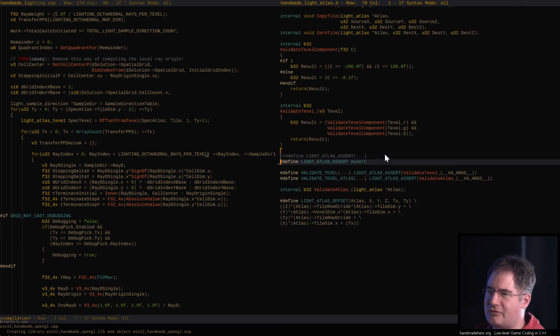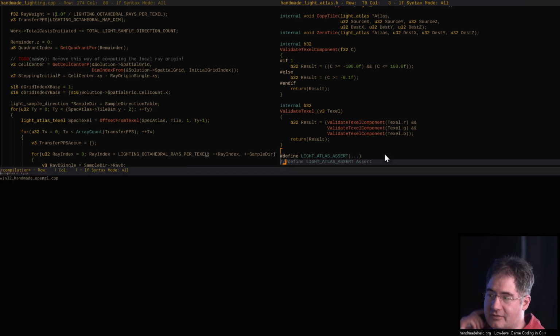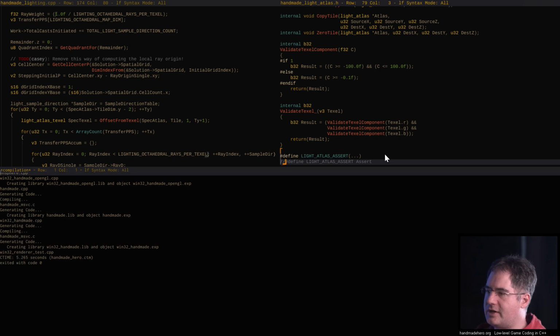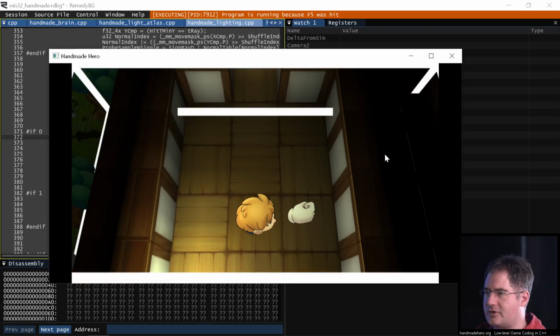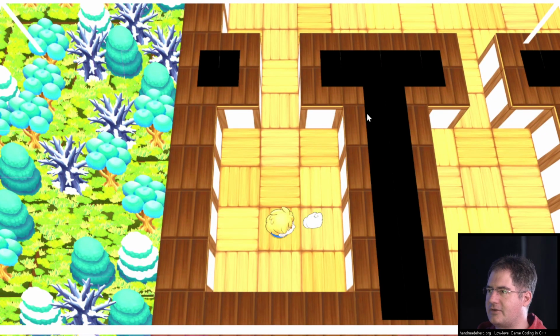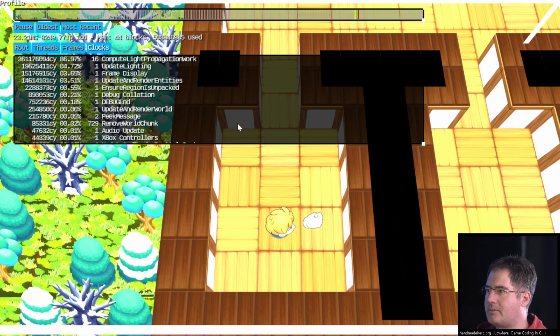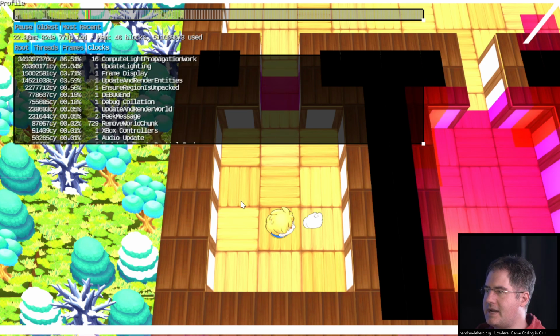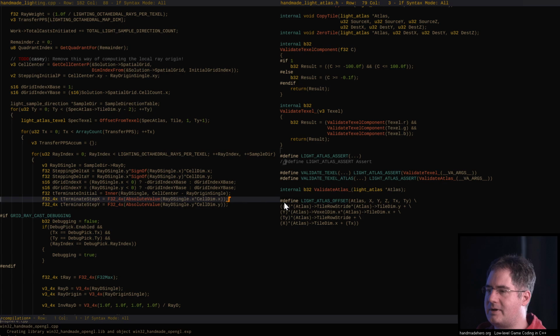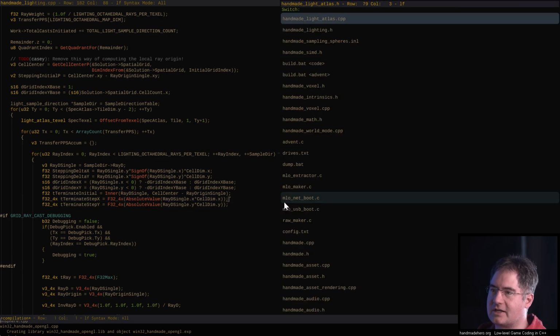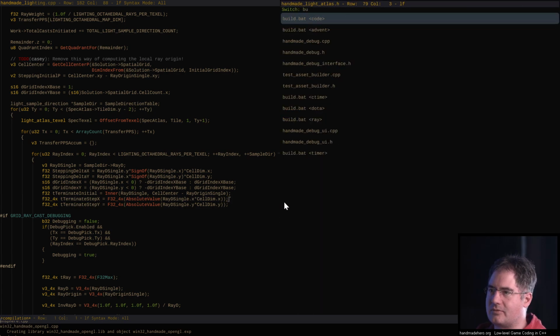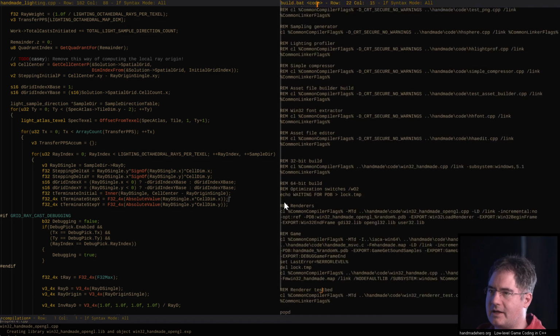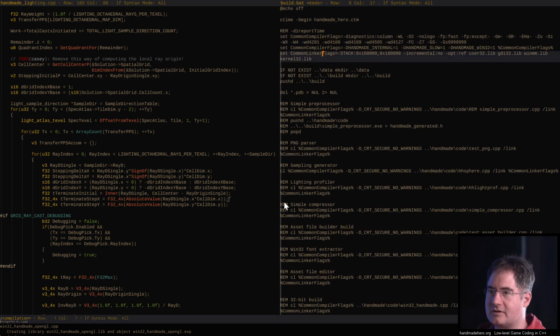If we turned off the light asserts and also the other internal asserts, I don't actually know how fast we are, but probably pretty fast. We might actually be at 60 frames a second, even with 16 samples per texel, which is nuts.